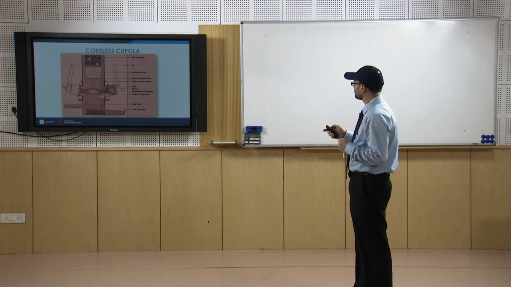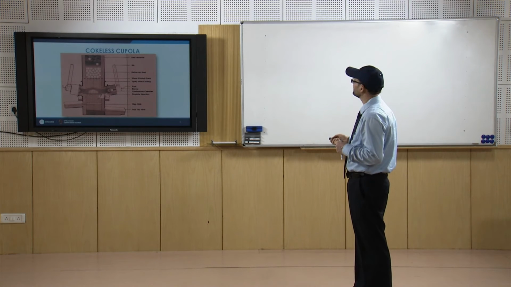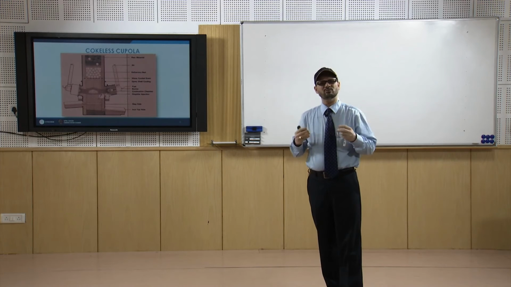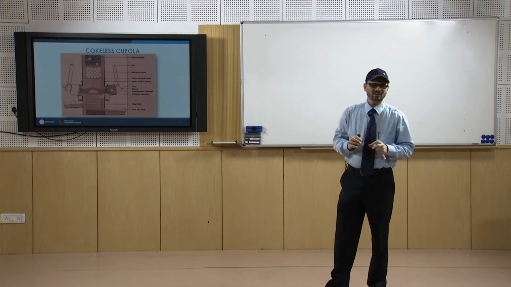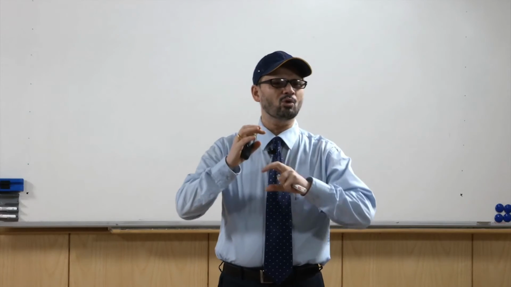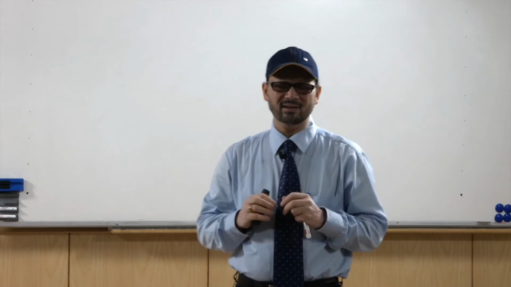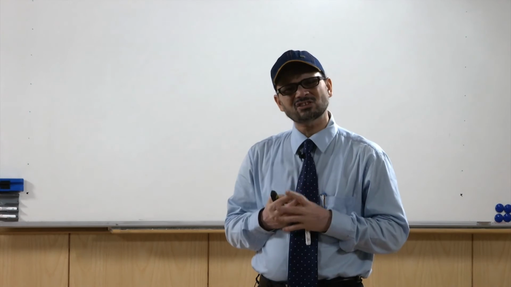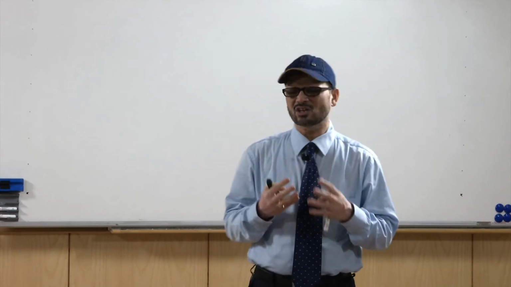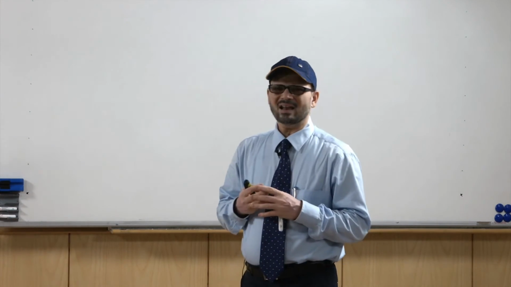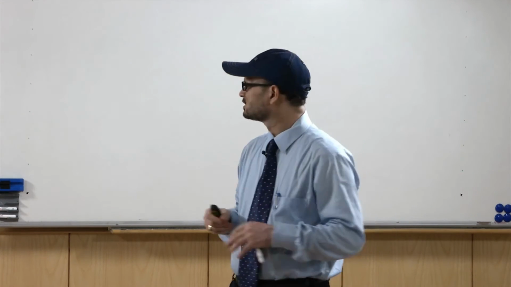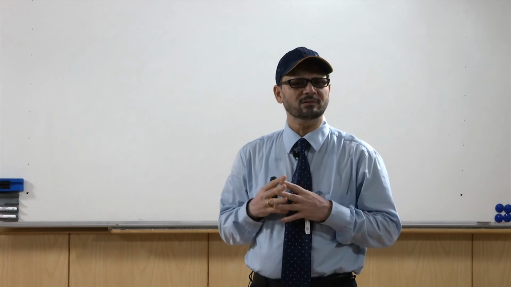One is the cokeless cupola. It was seen that in cupolas where we use coke for preparing the coke bed, because the coke contains elements like sulfur, a large amount of toxic or poisonous gases are liberated in the atmosphere.